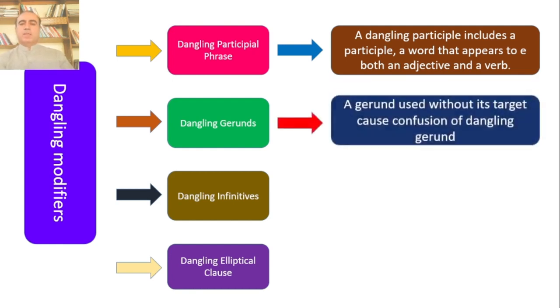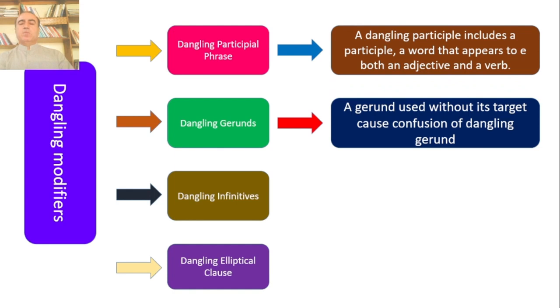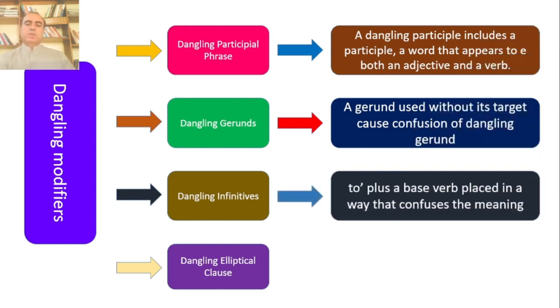A dangling gerund is given without its target, and that causes confusion in the statement. Dangling infinitives: an infinitive is "to" plus the base form of a verb, wrongly placed or wrongly given, conveying a confused meaning.